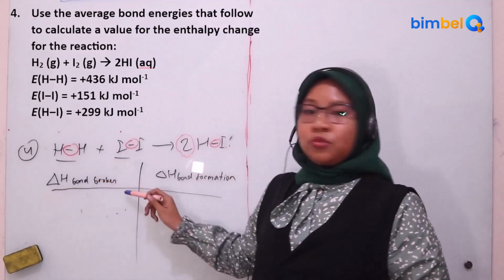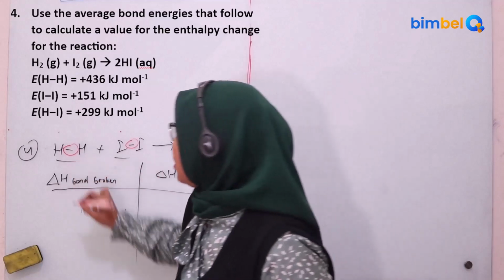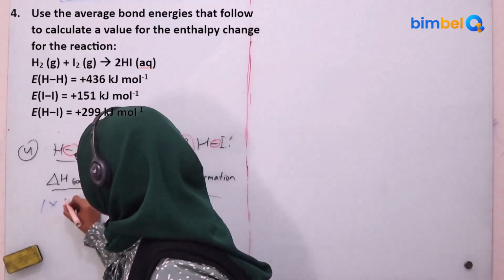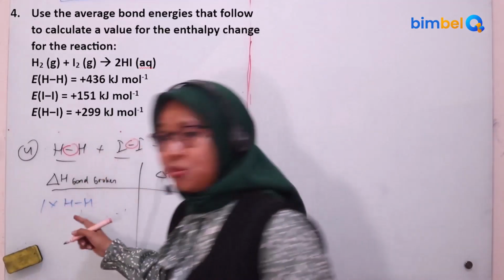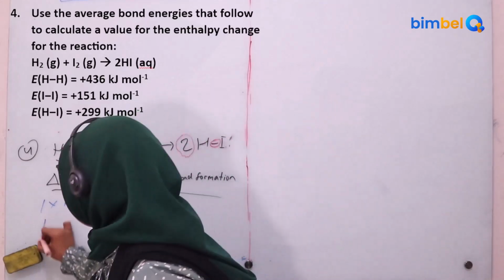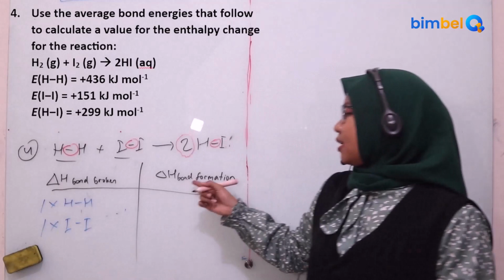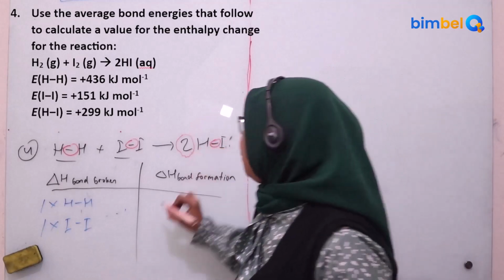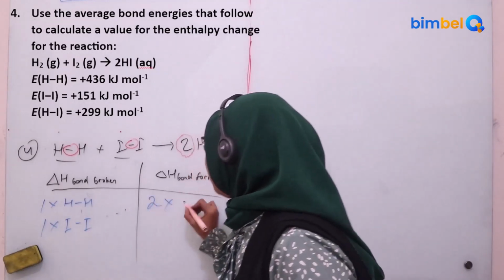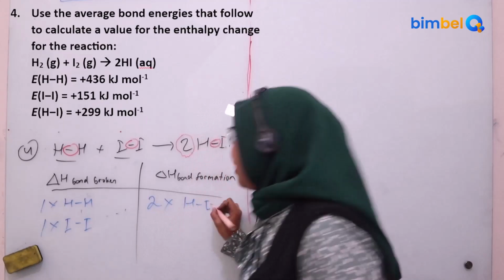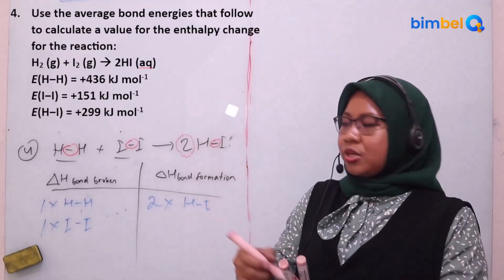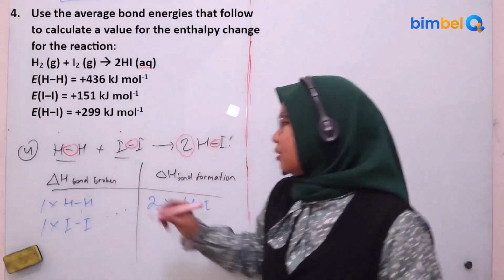For the bonds broken, we have 1 times the H-H bond, and then 1 times the I-I bond. And for the bonds formed, we have, remember, 2 times the H-I bonds. Now we can substitute the numbers.